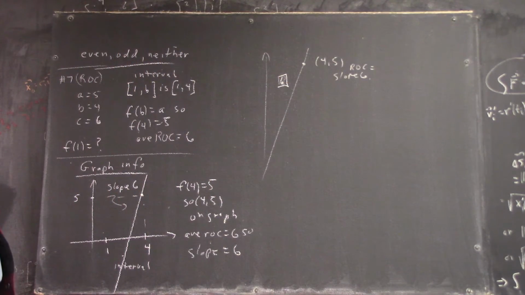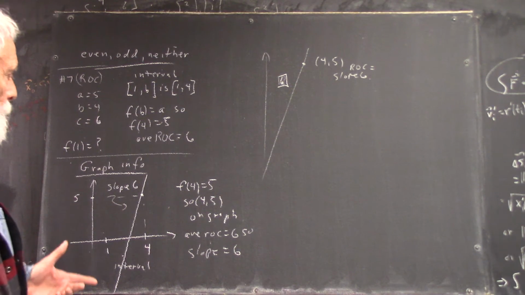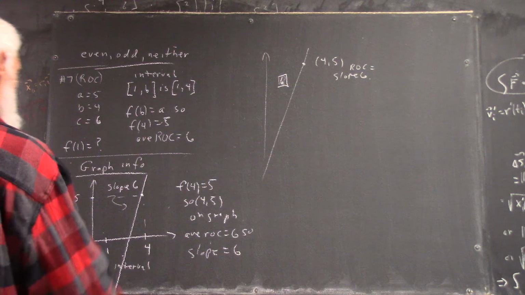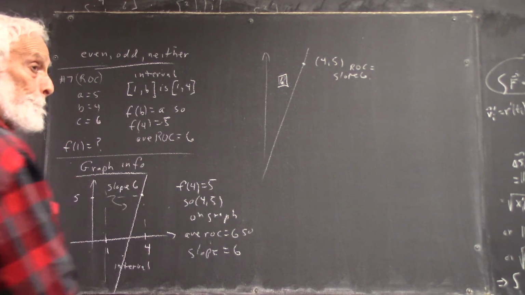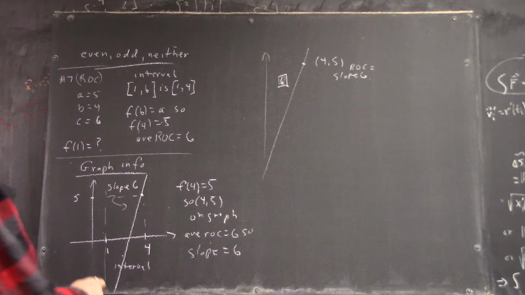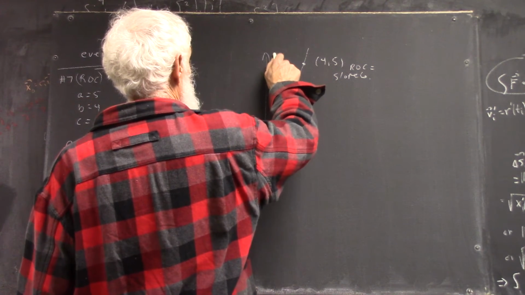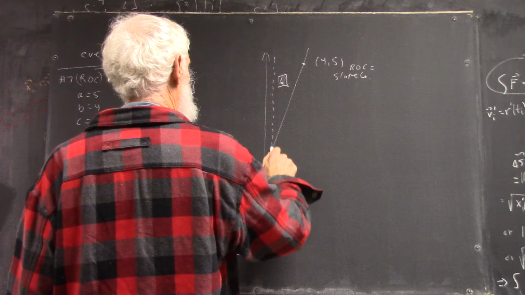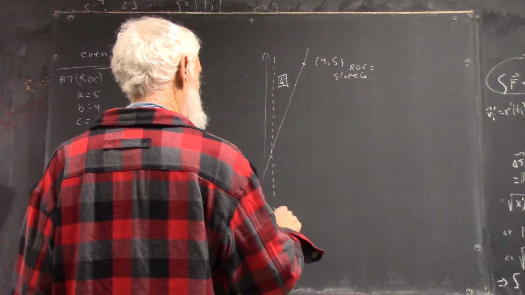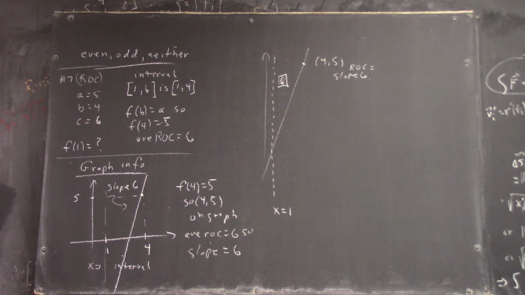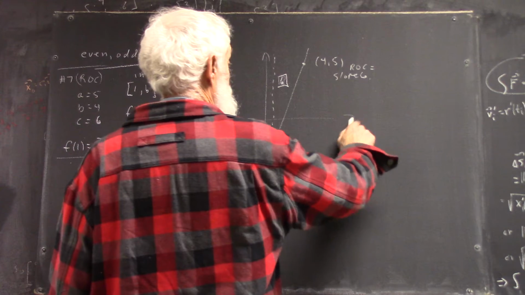Okay? Now we want to find F of 1. Well, F of 1 is going to correspond to the point where x equals 1, right? So we have the line x equals 1. So x equals 1 is going to be along this line. Wherever the x-axis is, let's say the x-axis is here someplace.